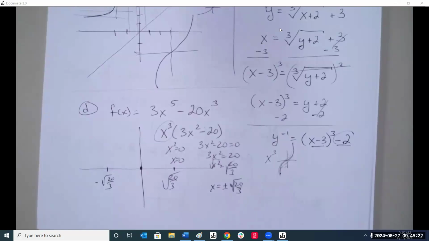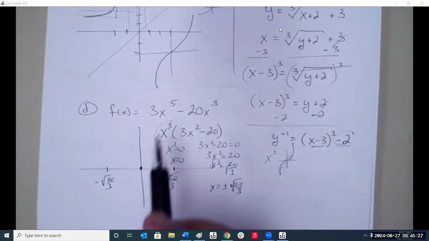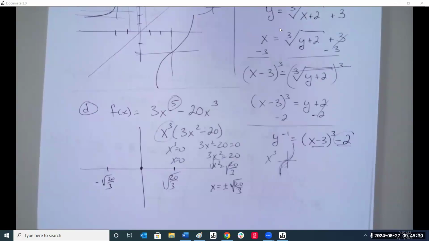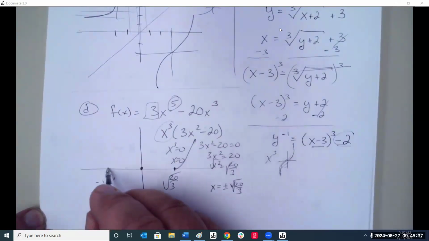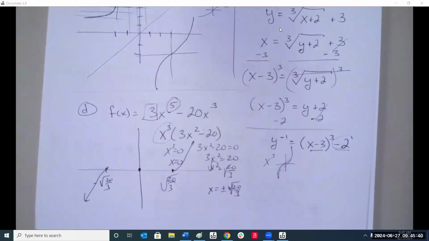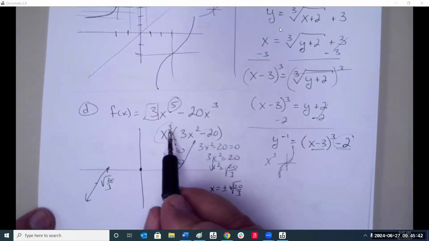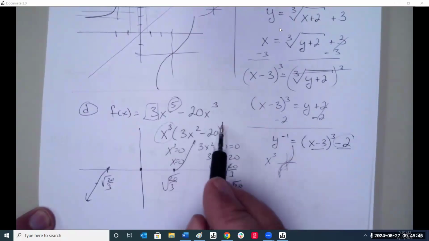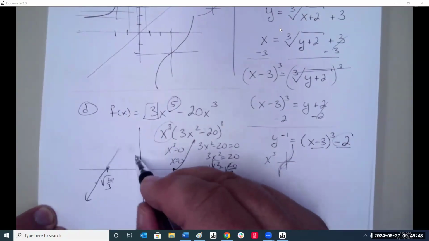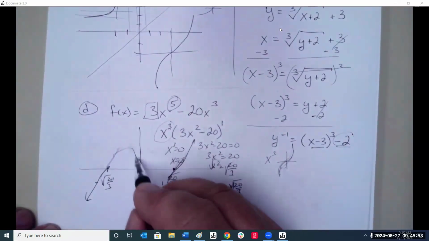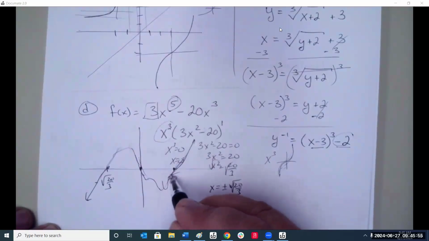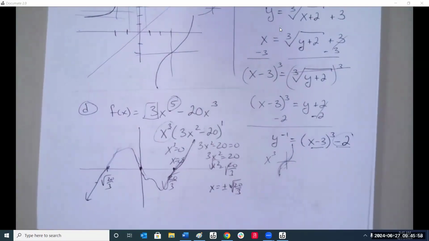What do we know about the shape of the curve? It's an odd degree, so the ends go opposite directions. And it's positive, so this side goes up, this side goes down. The multiplicities are odd, so we know they cross at all these places. So it'll look something like this.